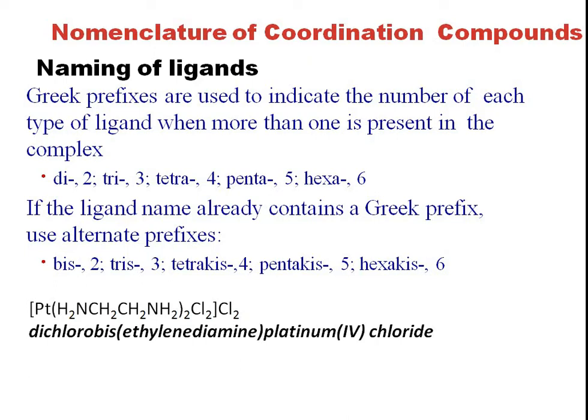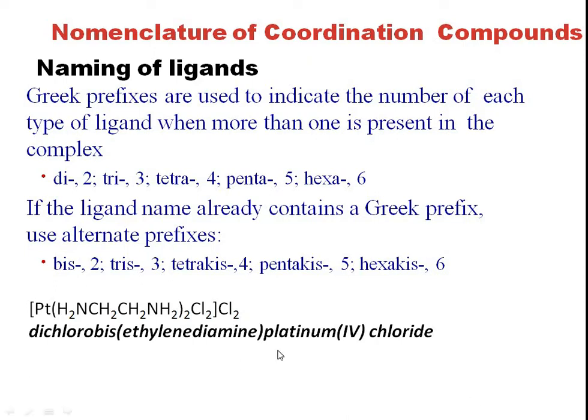If this Greek prefix is already present in the name of the ligand, then we will use alternate prefixes: bis for 2 ligands, tris for 3, tetrakis for 4, pentakis for 5, hexakis for 6.